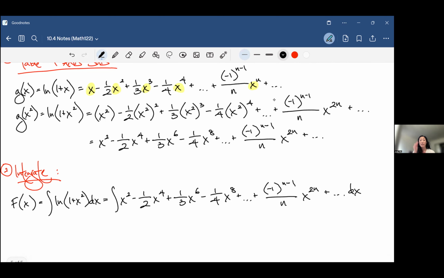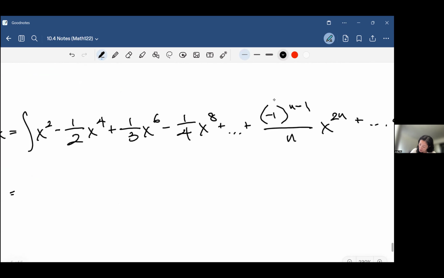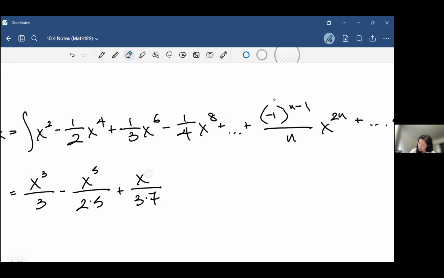Now, just like the last video, I'm going to take each term at a time, and I'm going to integrate each term. All right, so the integral of x squared is x cubed over 3 minus, let's see, x to the 5th over 2 times 5 plus x to the 7th over 3 times 7. That's supposed to be a 7. Minus x to the 9th over 4 times 9.